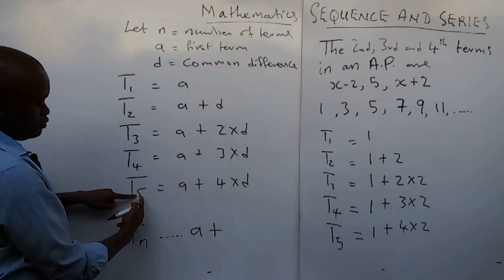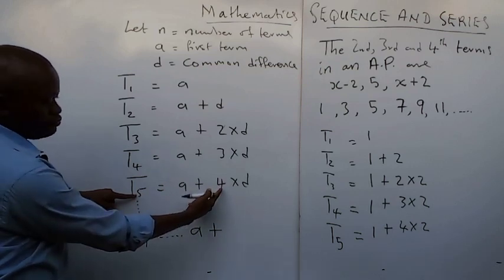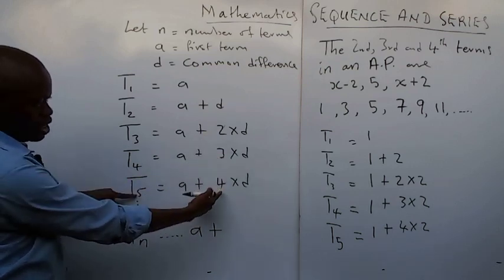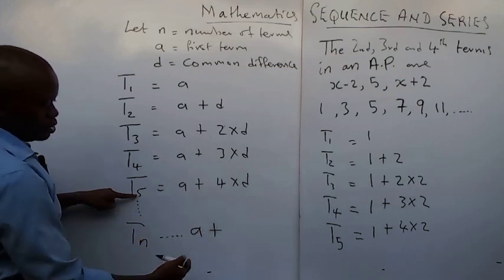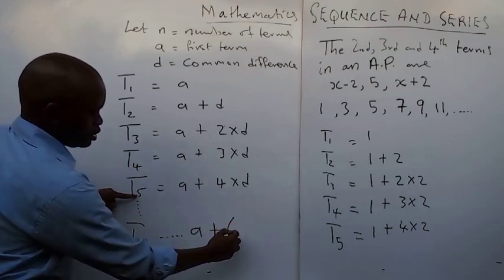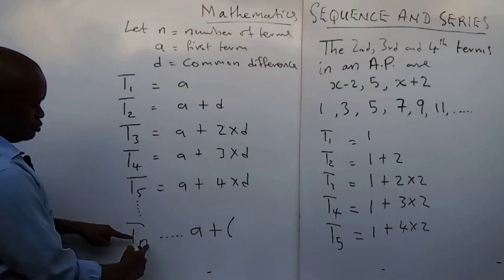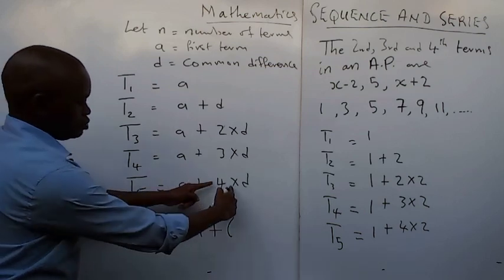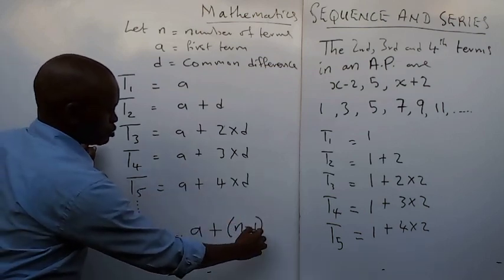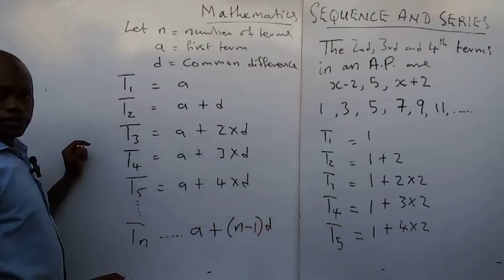And when n is 5, this is like 5 minus 1. You watch how the thing is going. Permit me to say here in brackets, for every n, this will be n minus 1, then multiplying the common difference.